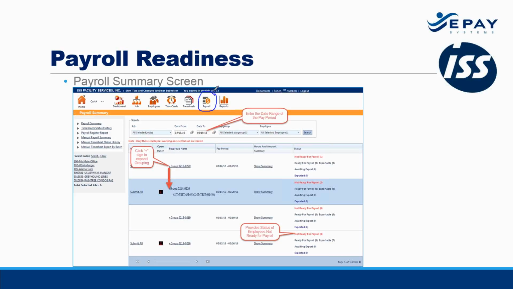This payroll summary screen gives you a little bit of information, and allows you to do a couple of things. First thing you're going to notice is you will see some grouped items in the middle of the screen, located under the payroll name here. If you look straight down this column, you'll see a couple of them labeled as groups.